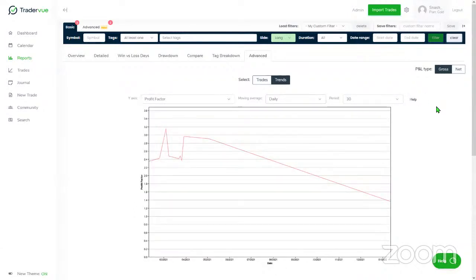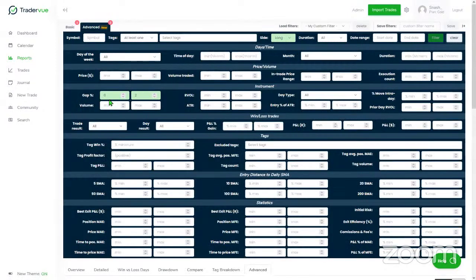And so take a look at this, for example. What we're seeing here is the behavior of your profit factor in the last 30 trading days, but only on long trades that have been gapping between 0 and 2%.